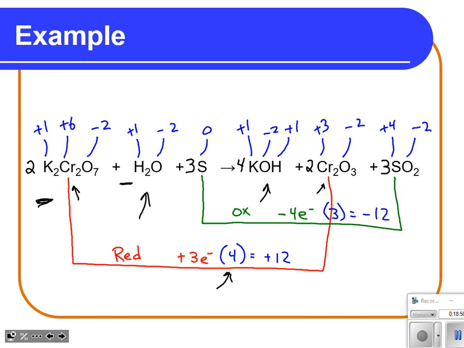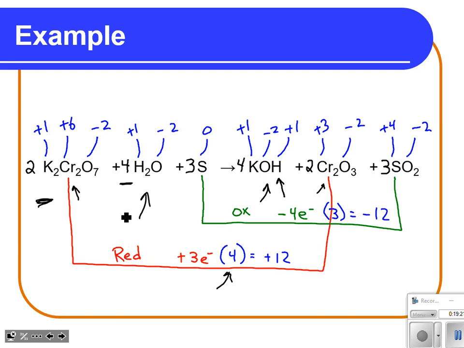So I'm going to look at my oxygens and my hydrogens, and hopefully they balance out. Well, it's going to make it real easy because I can see on my product side of the reaction that I have 4 hydrogens. So hopefully if I put a 4 right here, that will balance out all of my oxygens.